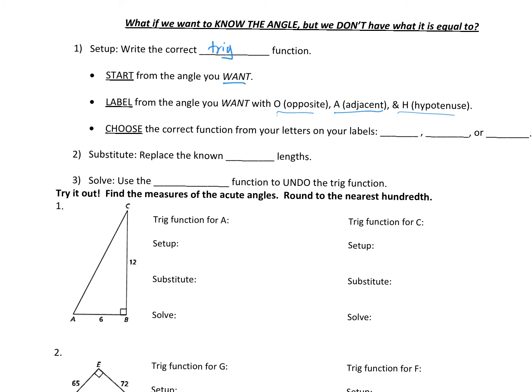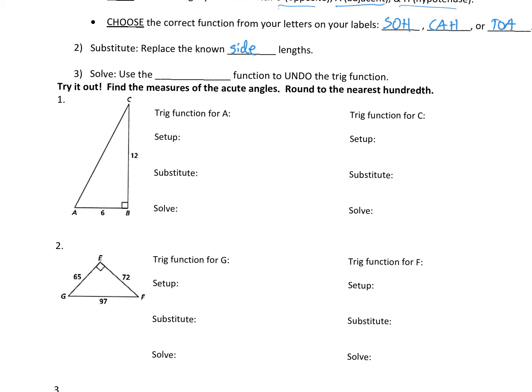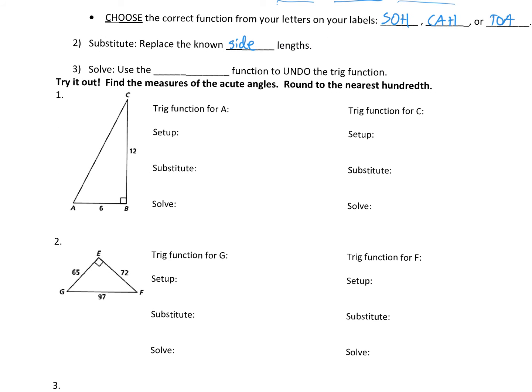Choose the correct function from your labels, either SOH, CAH, or TOA. Substitute, then we replace the known side lengths. Then we solve, using the inverse function to undo the function.